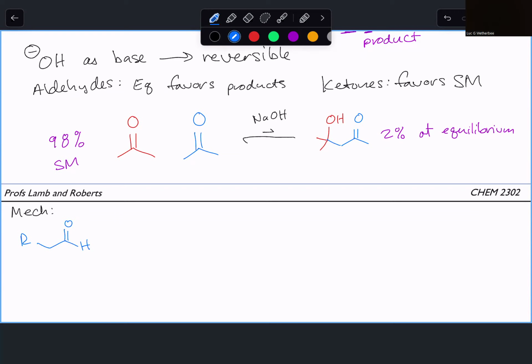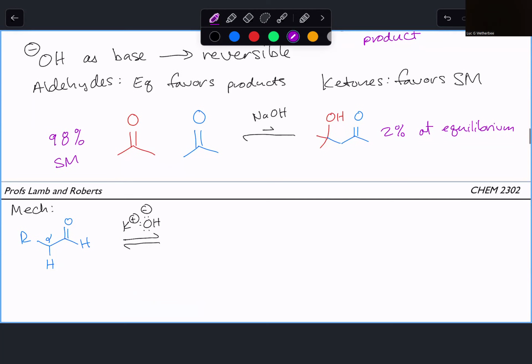We need those alpha protons, right? So remember, alpha is the position next to the carbonyl. So we need at least one alpha proton such that we can deprotonate it using our base. So let's use potassium hydroxide in this case. Okay, so first we need to generate our nucleophile by deprotonating that alpha proton.